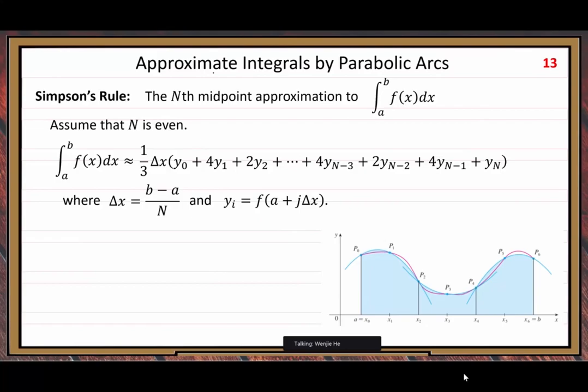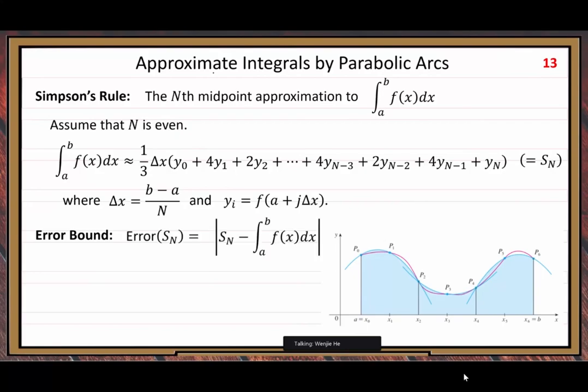So you can see the curve-based method should fit the original function better. It's a curved way to fit the original function. Error bound: for Simpson's rule, we have capital S sub n.